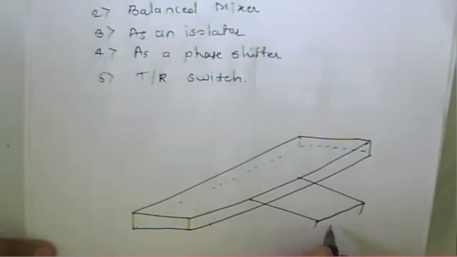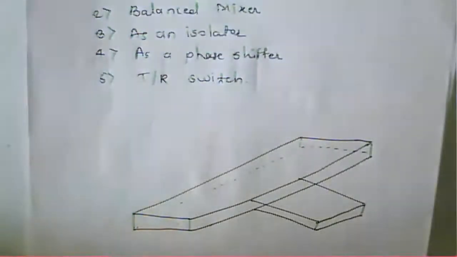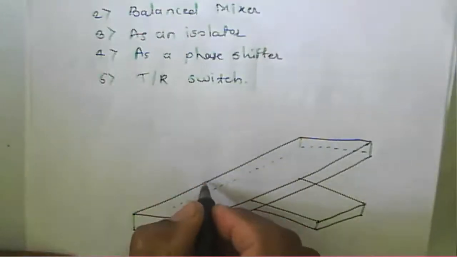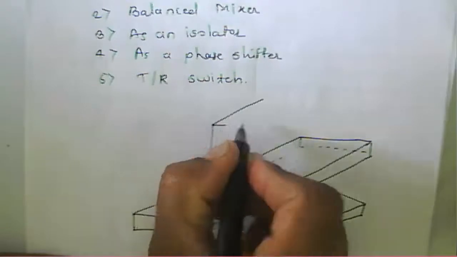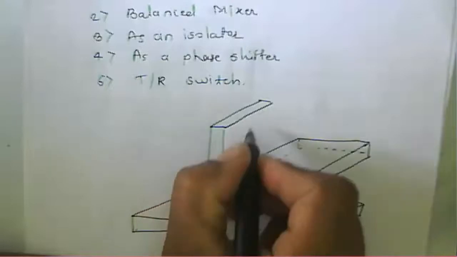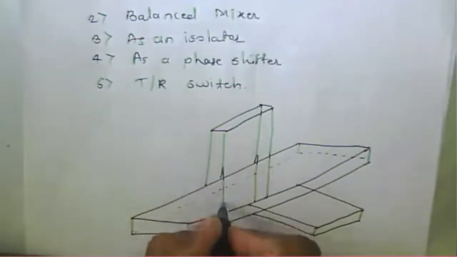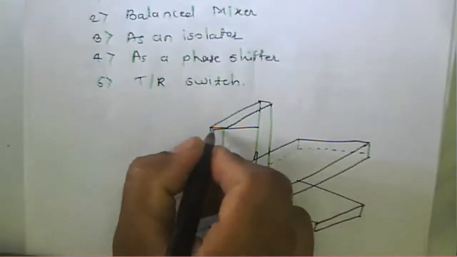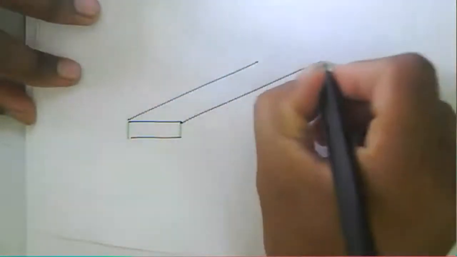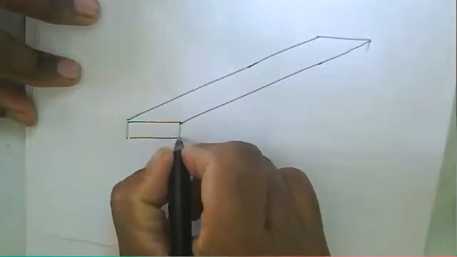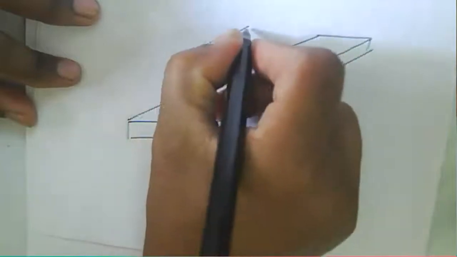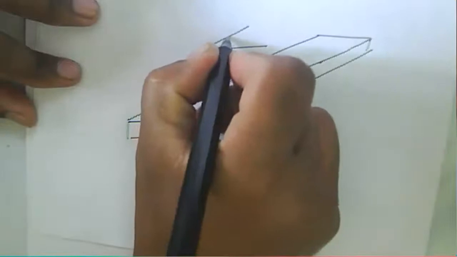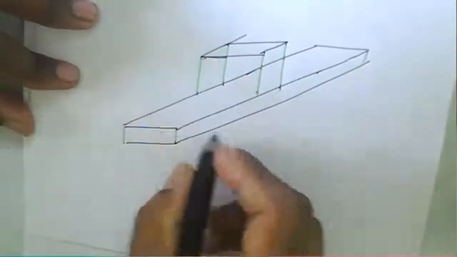And for this rectangular waveguide, if another arm comes out, this one is nothing but what we can call the H arm here. This is your E arm.